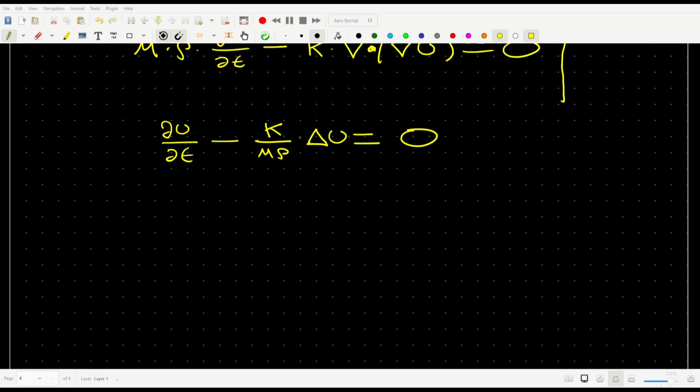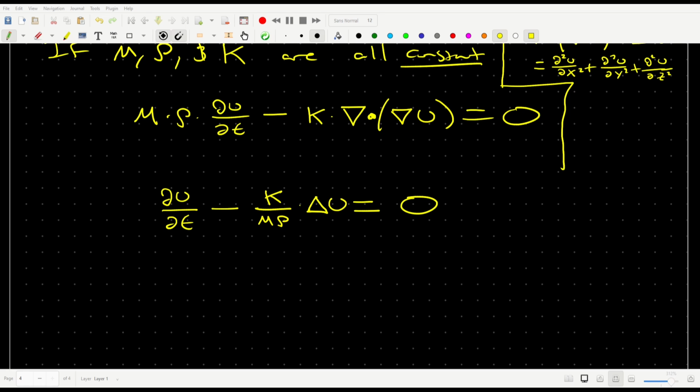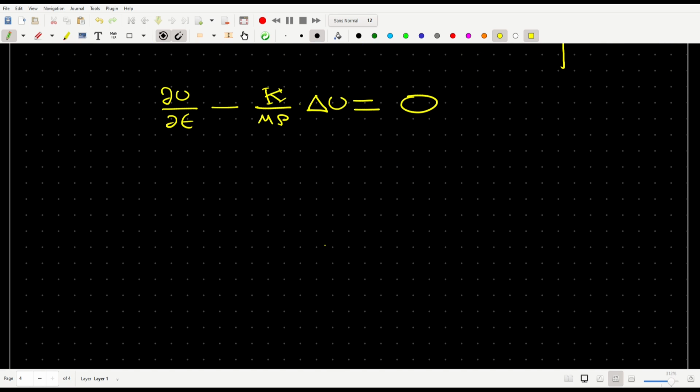Where I'll introduce one final notation here for what's called the heat diffusivity. And this is the thermal conductivity divided by the heat capacity times the mass density.